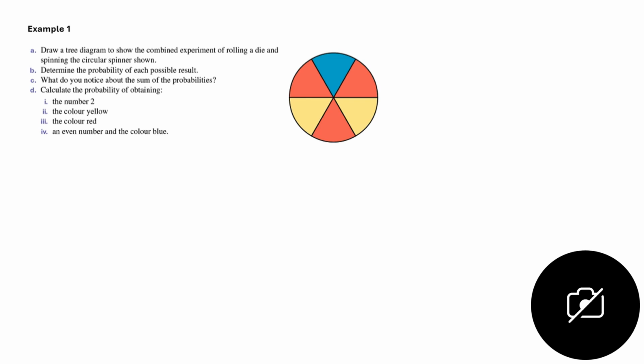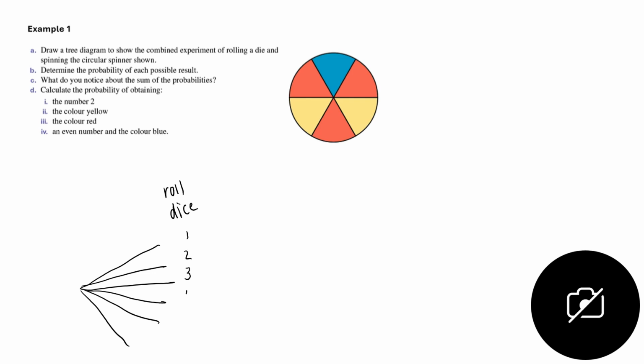Now, as I said, I'm going to give you some tricks and some pointers to get you started. For this question here, we know that the first thing that we were going to do was roll the dice. Now you know that there are 6 possible outcomes to that: 1, 2, 3, 4, 5, 6. So you should have 6 branches that are a lot neater than mine.